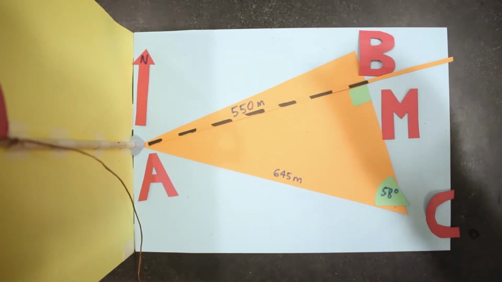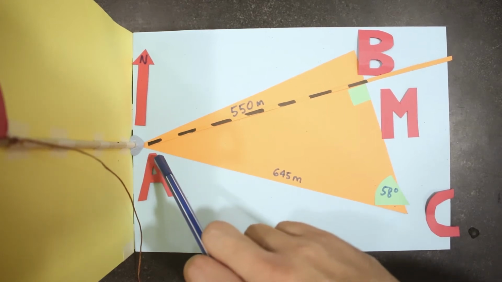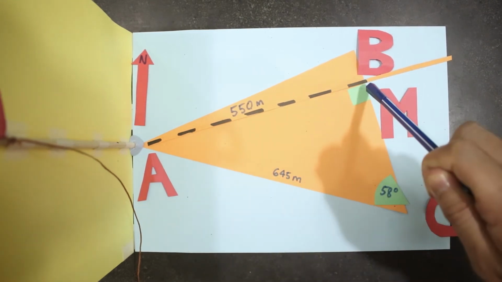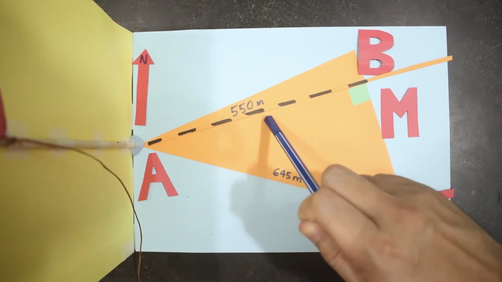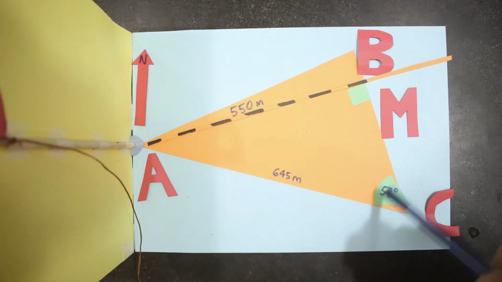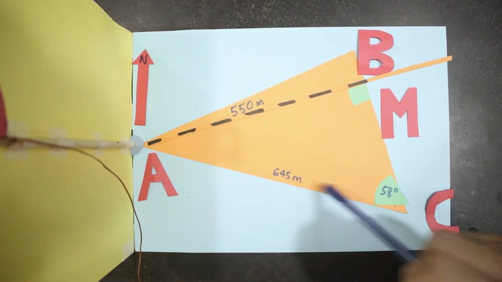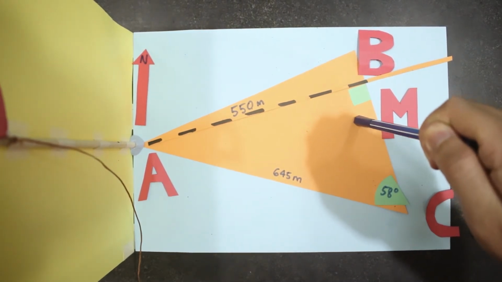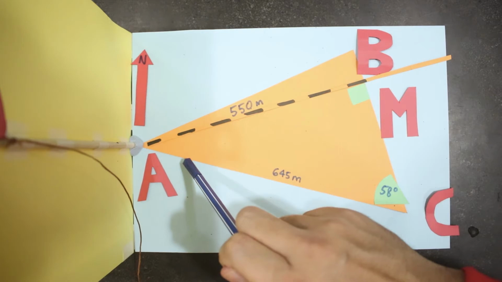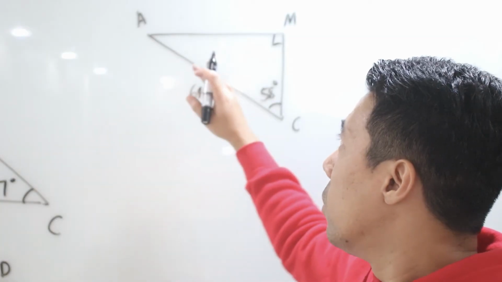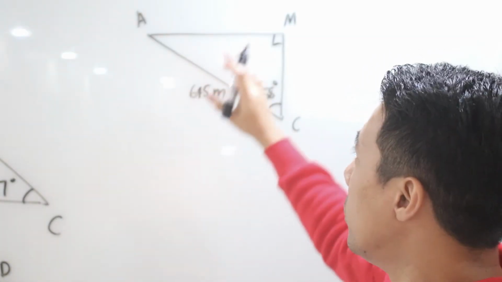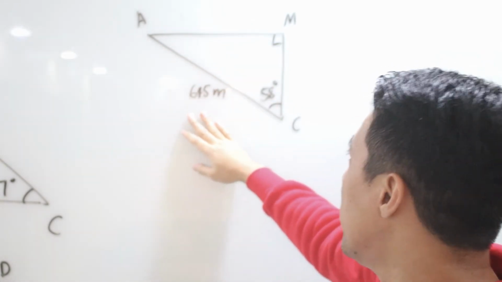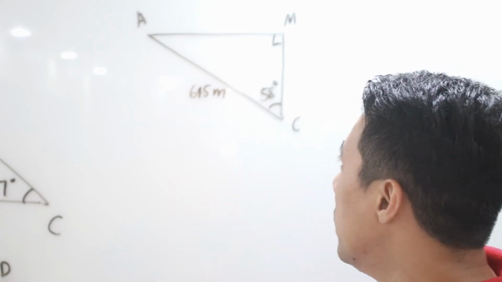As you can see from the top view, we will have the triangle ABC, and if I want to draw a perpendicular line from A to M, to find the length of AM, I will use this triangle here at the bottom, AMC, because it is a right angle triangle. So I can use my trigo function to calculate the value of AM. For us to find the length AM, we will use this right angle triangle with the side 645 meters and the angle 58 degrees.